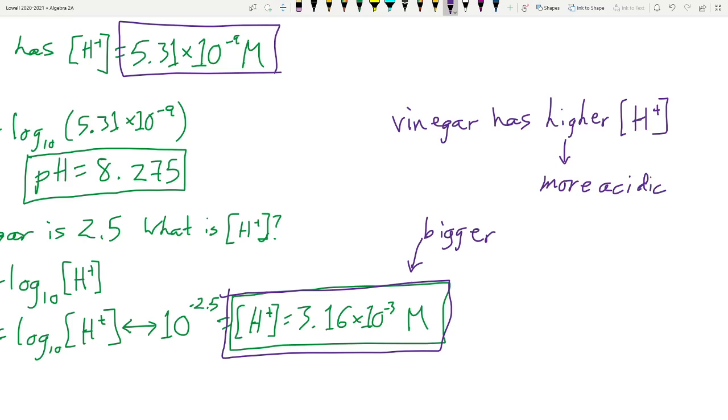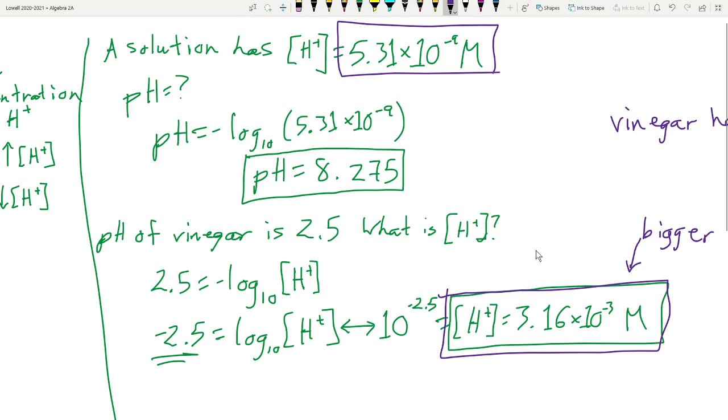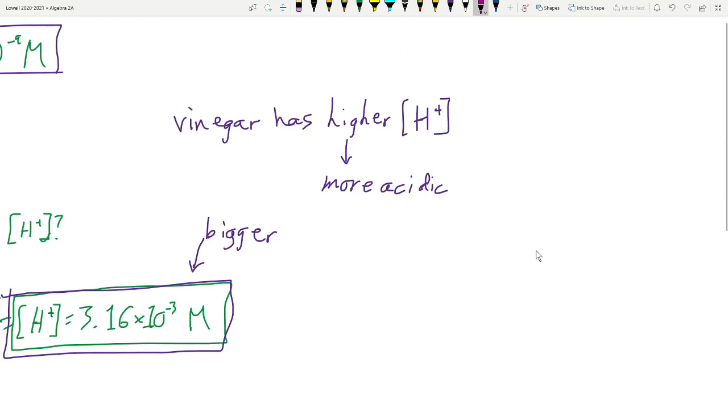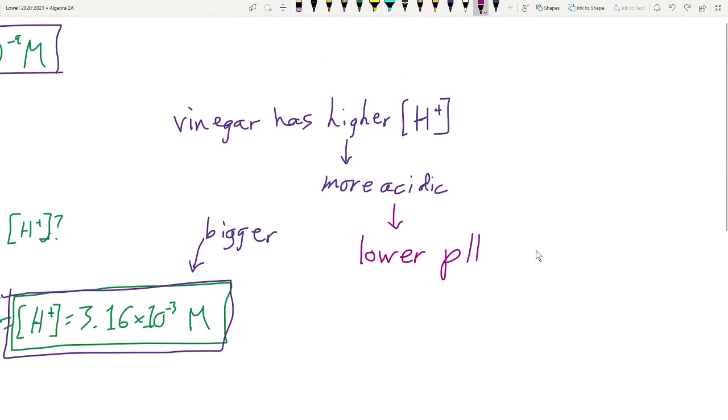However, how would the pH compare? And this is, I think, what gets people confused when you see it in the news or whatever. Look at their pHs. The pH of the first solution is 8.275. The pH of vinegar is 2.5. Now, I know that this is only one example, but to be clear, vinegar, which has a higher H plus concentration and is more acidic, actually has a lower pH.